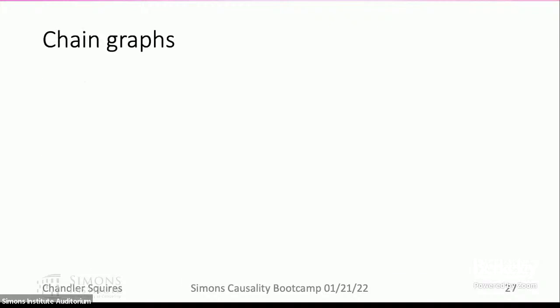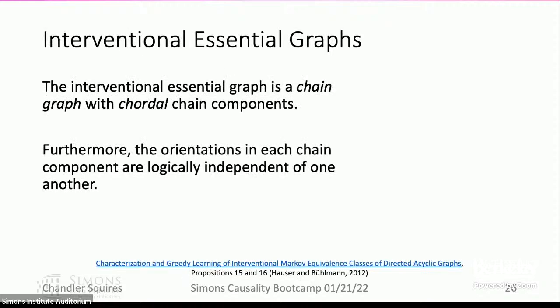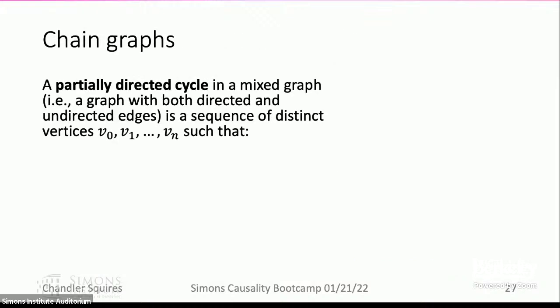Right, so first, I'm trying to put as many of the references down here as I can, especially for things that I'm not proving. A chain graph is essentially a generalization of a directed acyclic graph that's going to have both directed and undirected edges.